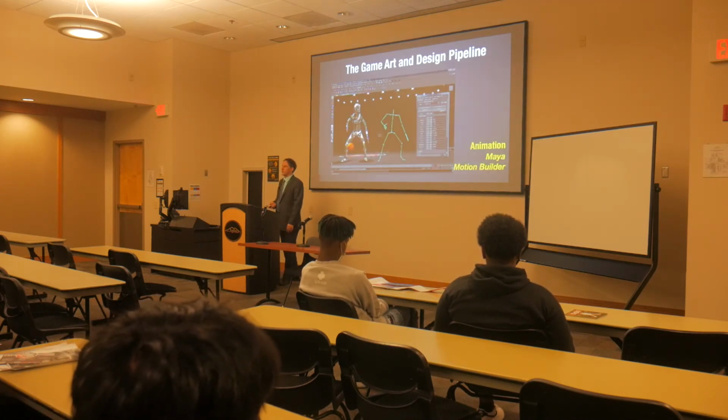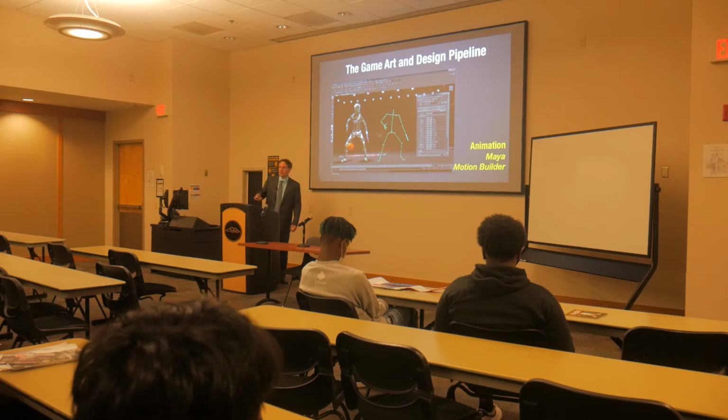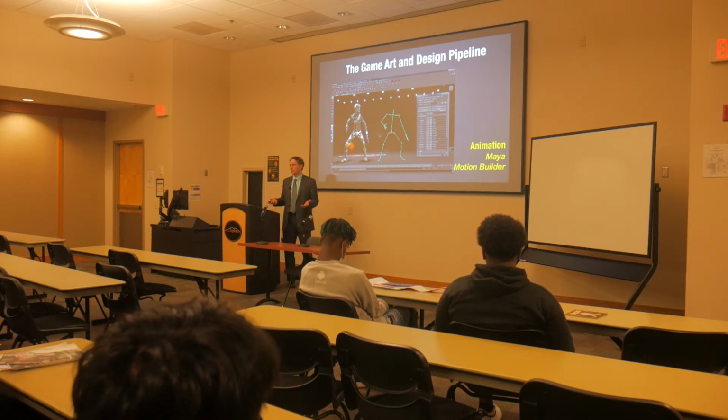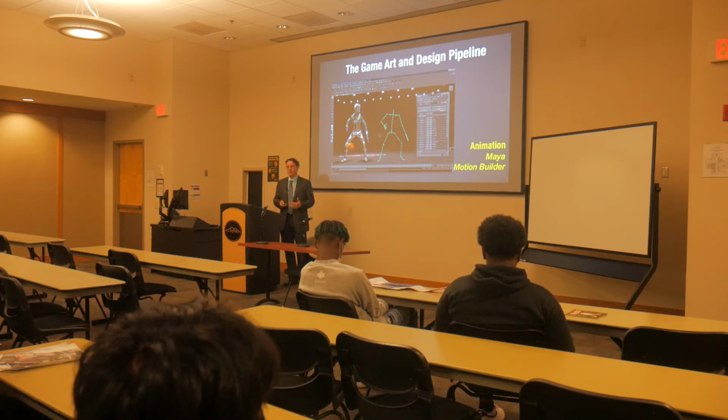Another aspect we have to consider, especially for our characters, is how is this thing going to be animated? So obviously when our characters turn around, we have a whole animation school, but that's mostly for film, but you can apply it to games as well. We have some specializations in our game major just for game animation.